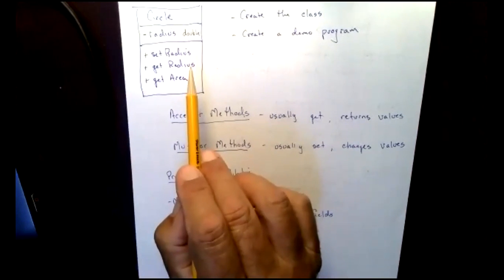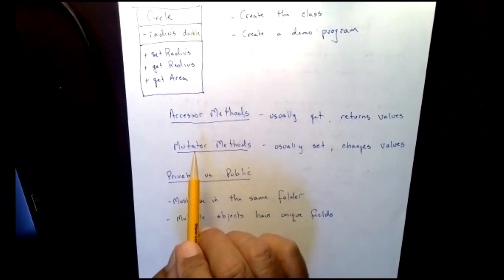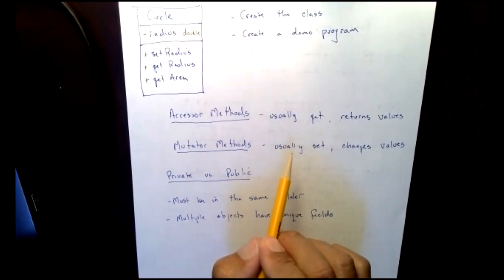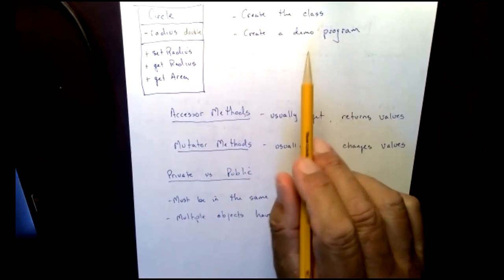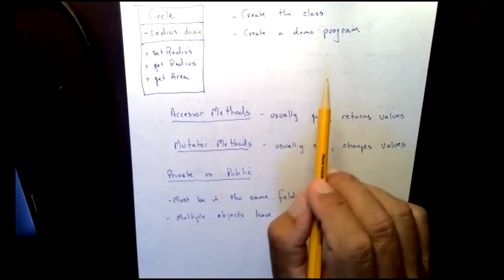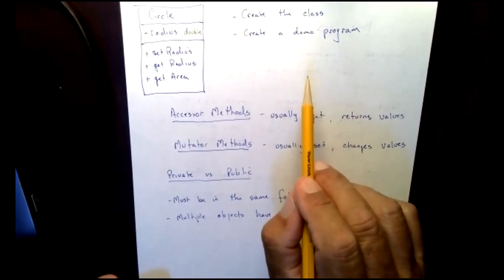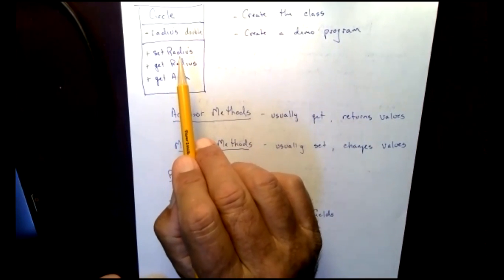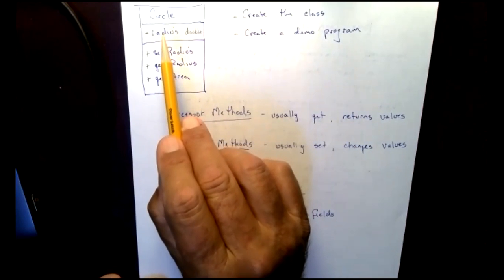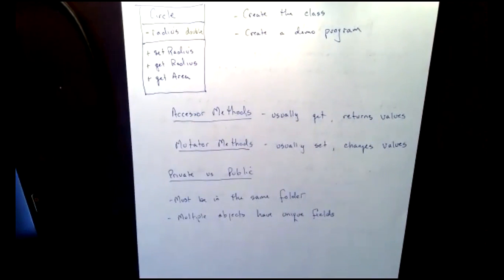And it'll return it. I'm going to have sets, which are called mutator methods. They change values. So in my demo program, I'm going to ask the user, what is the radius? Then I'm going to call that mutator method set radius. It's going to send a value over to my class, and it's going to store that value in my field called radius.